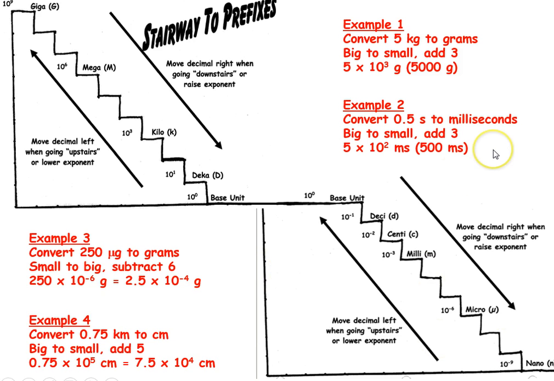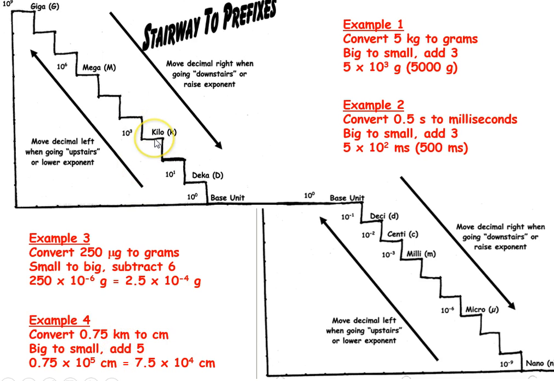And the last example I'll put up here is what happens if you're going from one prefixed unit into another prefixed. So 0.75 kilometers into centimeters. Well, hopefully you recognize right away this is big to small, and you've got to identify how many steps to move.